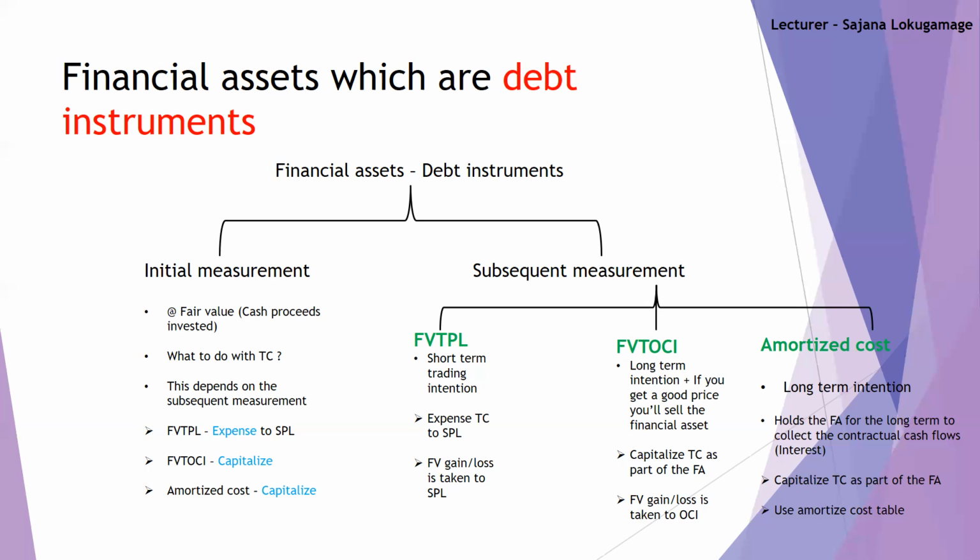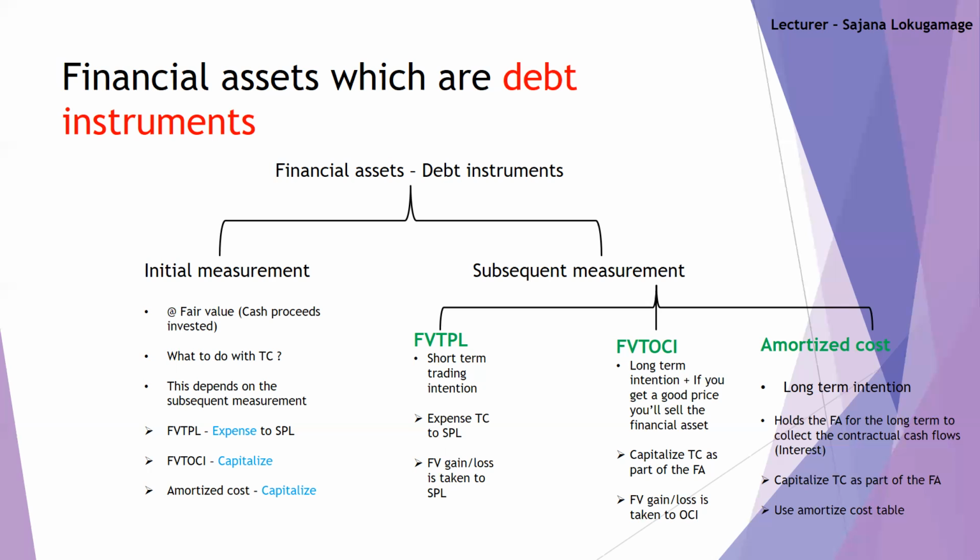If that qualifies both characteristics, then you have to use FVT OCI as your subsequent measurement. Then capitalize the transaction cost as part of the financial asset, and fair value gain or loss is taken to other comprehensive income, or OCI.